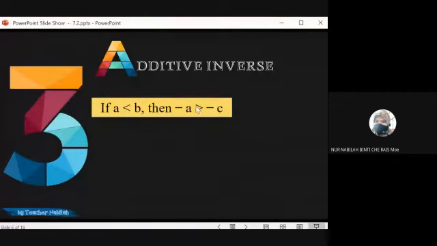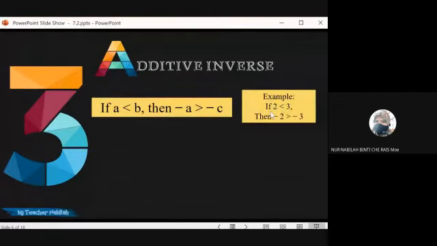A less than B. So when you put negative A and negative B, this symbol will change into more than. If here is more than, this side will become less than. Let's look at the example here. If 2 is less than 3, 2 positive, less than 3, then if you put negative 2, it is more than, change the symbol, more than, and then negative 3.